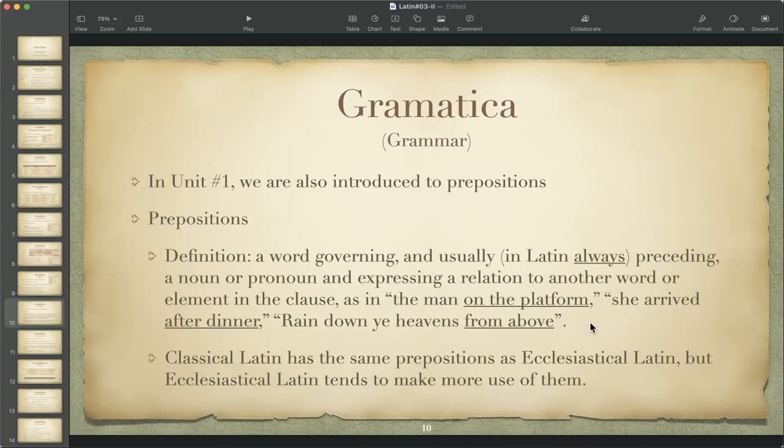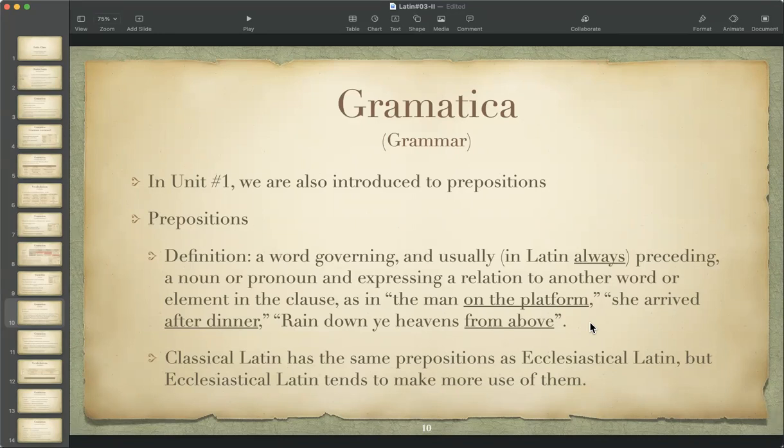From above. So all a preposition does is it tells you the relationship between the main noun and a noun or event that you wish to distinguish that noun with.